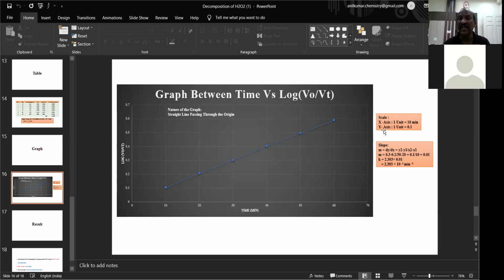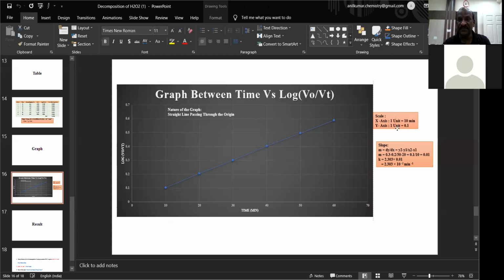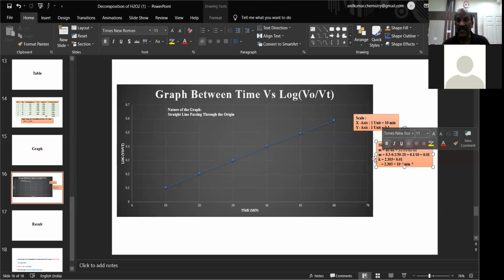On the x-axis, 1 unit we take as 10 minutes. On the y-axis, 1 unit is equal to 0.1, 0.2, 0.3, 0.4, like this. This is a very, very important scale you have to write. After drawing the scale, then we have to go for the calculation.